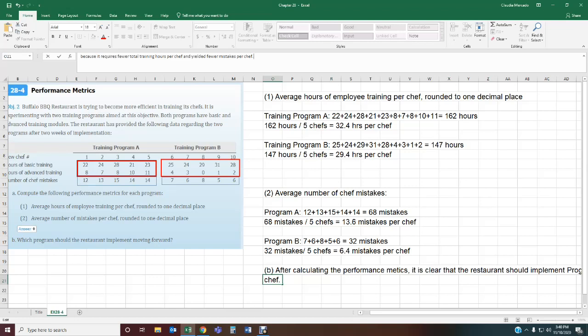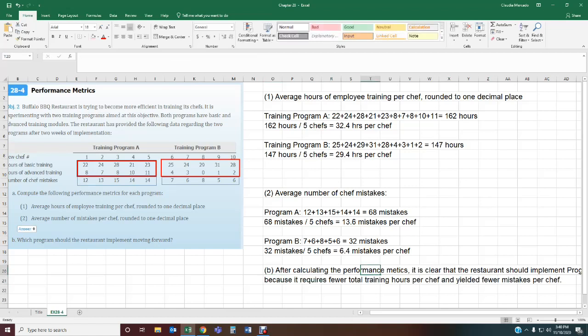Now, letter B. Which program should the restaurant implement moving forward? It says, after calculating the performance metrics, it is clear that the restaurant should implement program B moving forward because it requires fewer total training hours per chef and yielded fewer mistakes per chef.